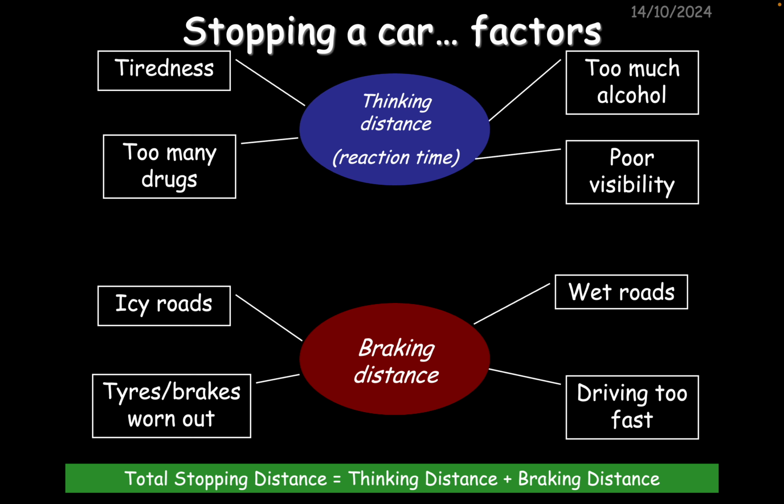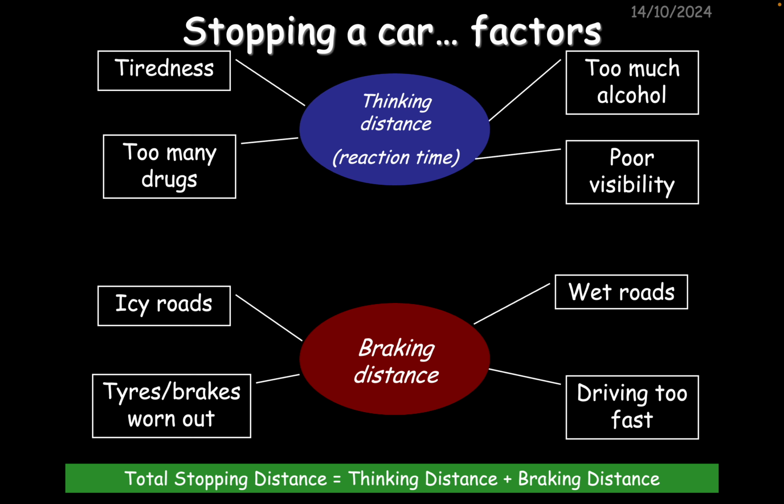So when you're answering exam questions on this, they will probably want you to differentiate between factors that affect reaction time and the thinking distance traveled while you're reacting, and you have to be very clear in your communication when they say to discuss the different factors. They want you to be clear in the way that I explained to you.